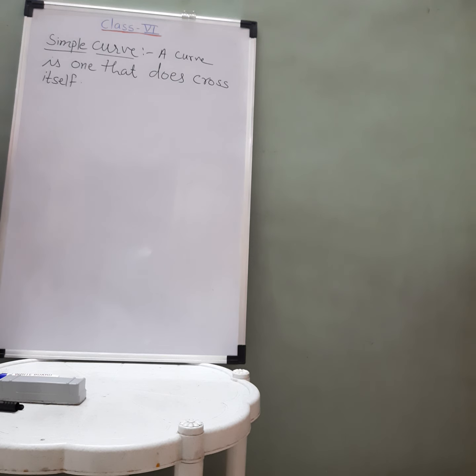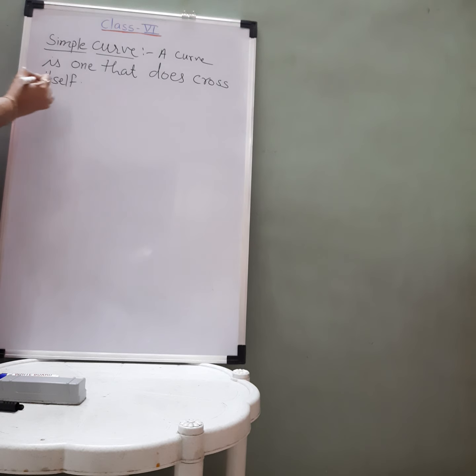And curves are of two types. One is open and another is closed. A curve is said to be closed if its ends are joined, and otherwise it is open.